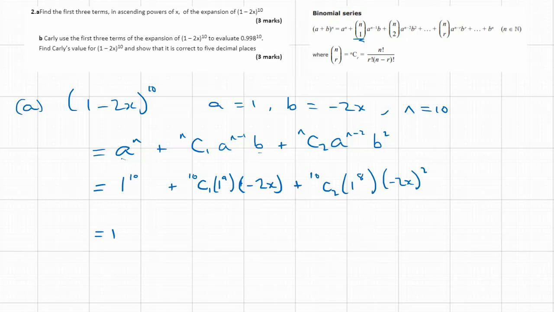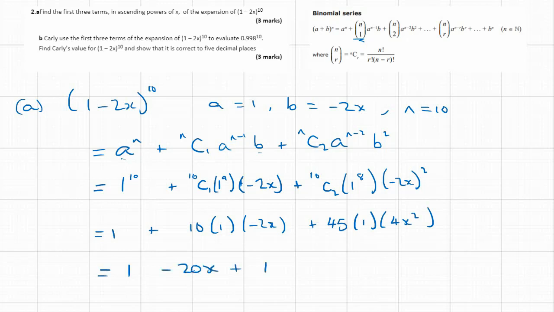My 10 choose 1 is 10, 1 to the power of 9 is just 1, and this goes here. 10 choose 2 is 45. 1 to the power of 8 is just 1. And minus 2x all squared is positive 4x squared. So then we've got 1 subtract 20x plus 180x squared.